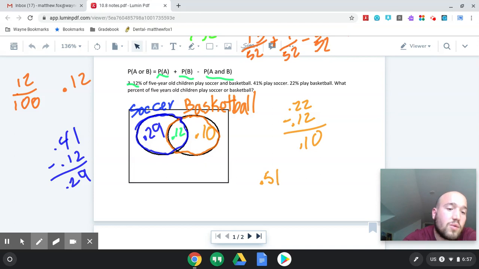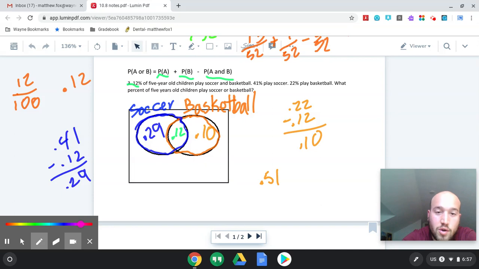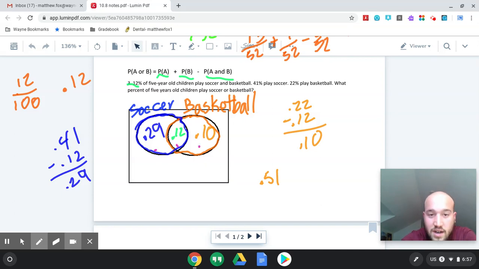However, an easier way, in my opinion, rather than subtracting for both of them and figuring out each part of the Venn diagram, is to use this formula up above. So the probability of A is 41%, so 0.41, plus the probability of B, which is 0.22.